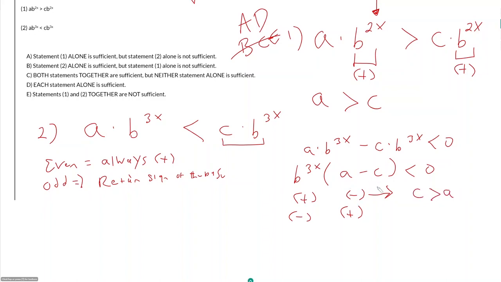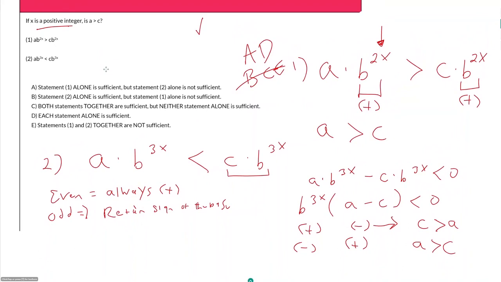If a minus c is positive, that means a must be greater than c. And so, given that, this is your proof that our second statement is insufficient, and A is our answer. So we'll do one last inequalities video combining everything we've learned.